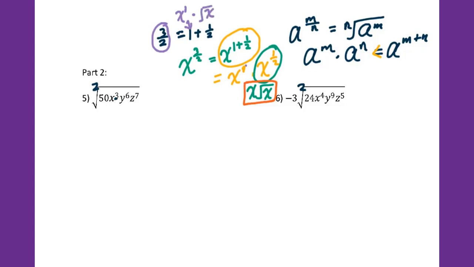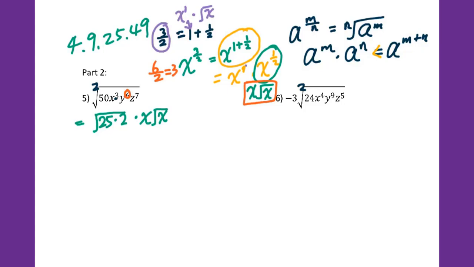Now let's go back to number 5. Square root of 50, remember, use the perfect square number as a factor: 4, 9, 25, or 49. Therefore, for 50, I can do 25 times 2. For x to the third power, we already know that it's x square root of x. For this 6 divided by 2, that is 3, which means it will be y to the third power.